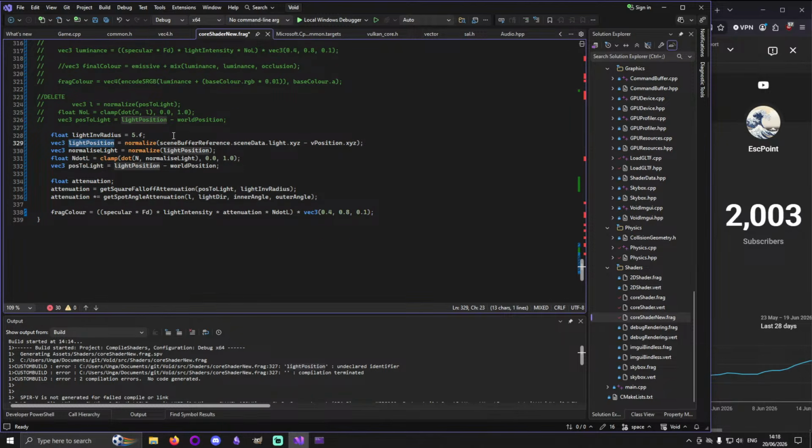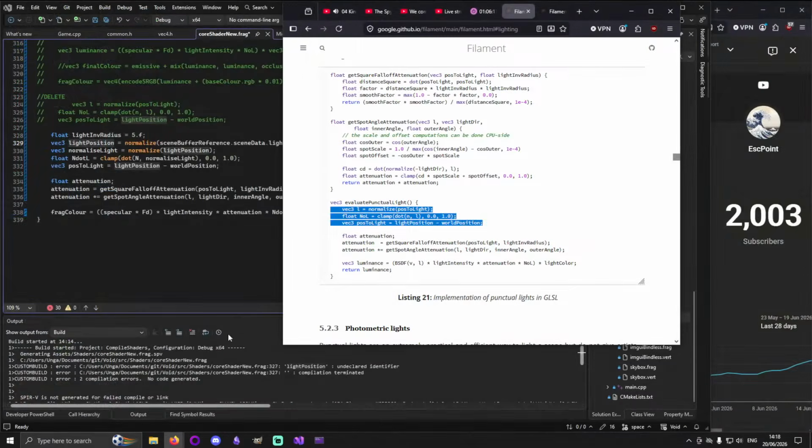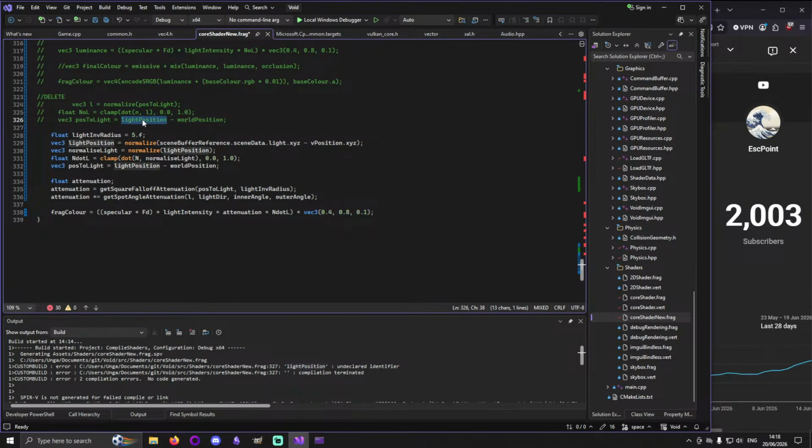Right, so we have light position. Yeah, I had a feeling this would be awkward to work out. So we have n.l clamp to 1, which is this. We have light position and view position, but it's light position.